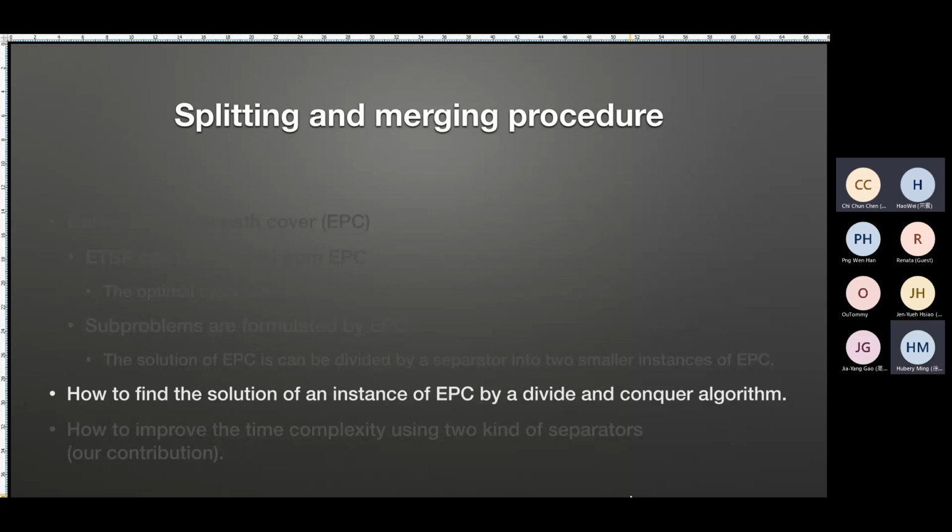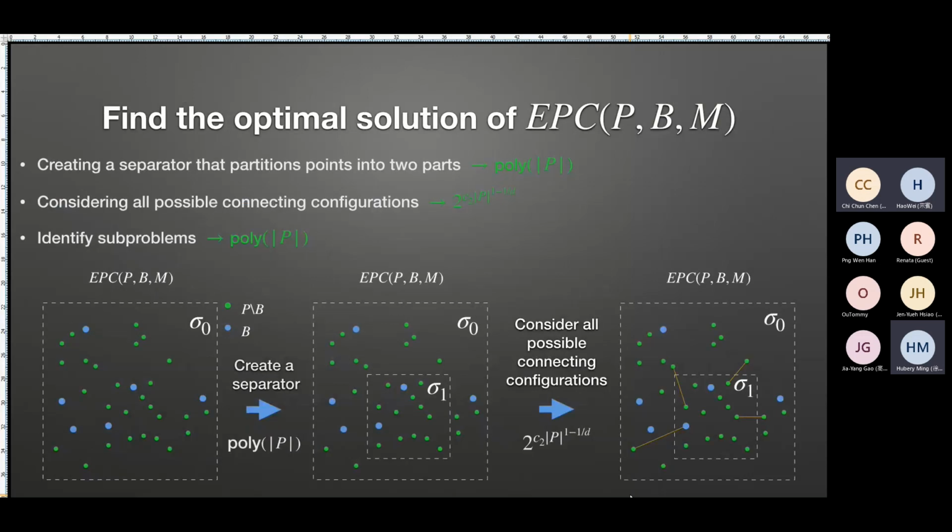Here we will show how to find the solution to an instance of EPC by a divide and conquer algorithm. Given an instance of EPC, it comes with a separator that we denote by sigma 0.